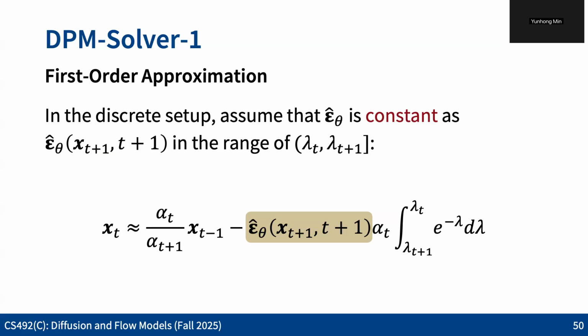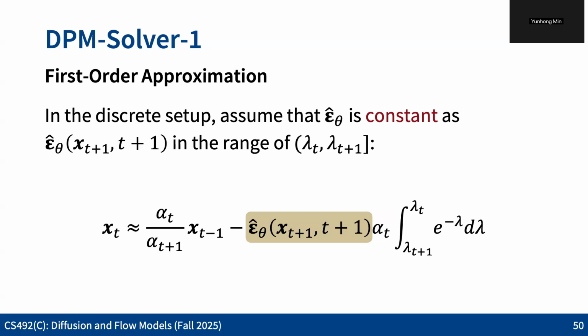We are going to do the same thing, dividing the time domain into multiple intervals, and assume that this epsilon function is constant for each interval. Make sense?